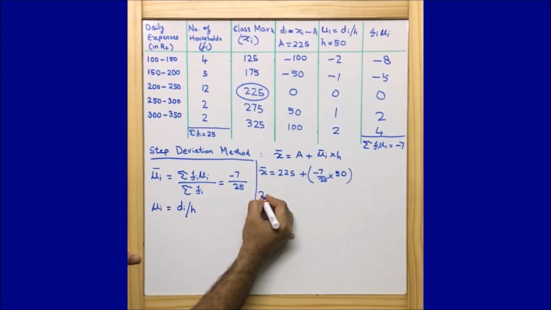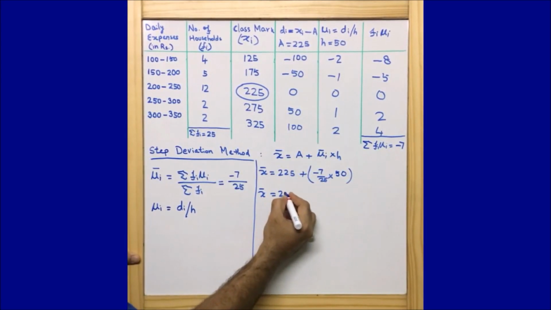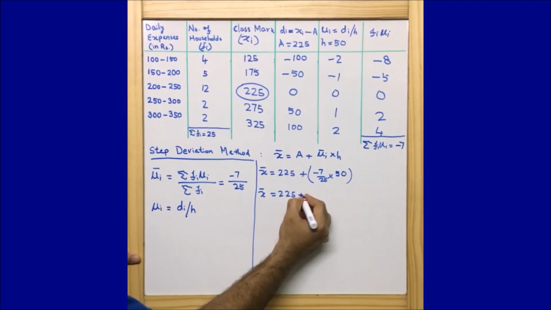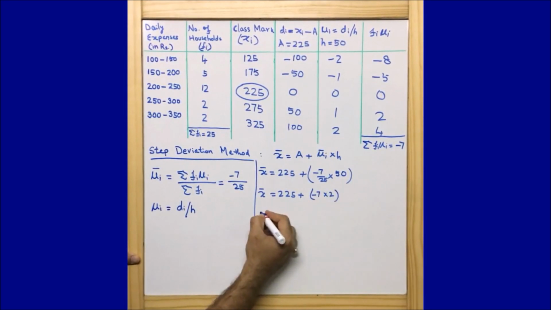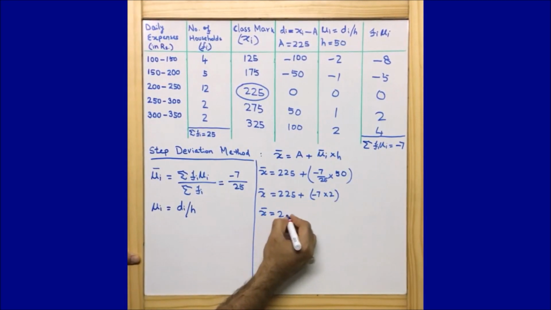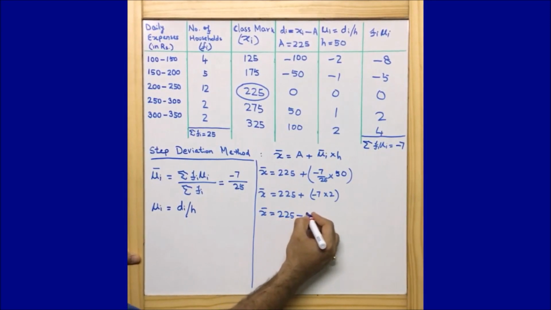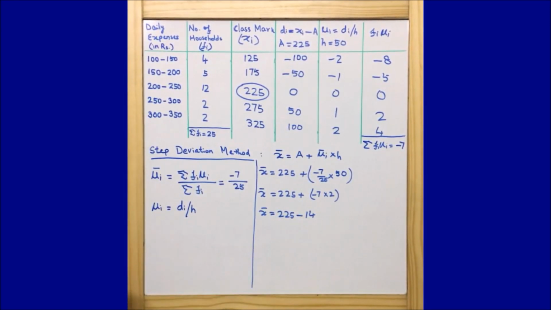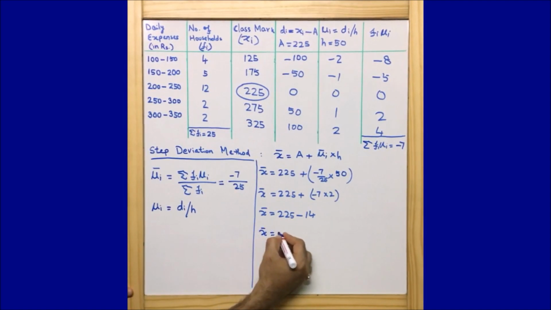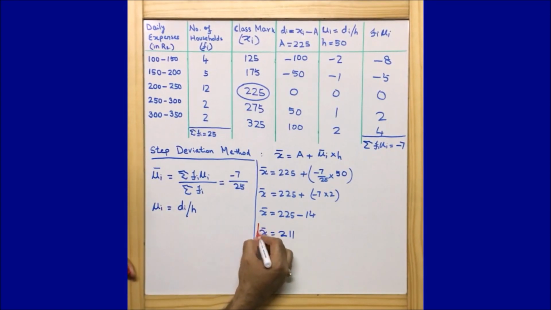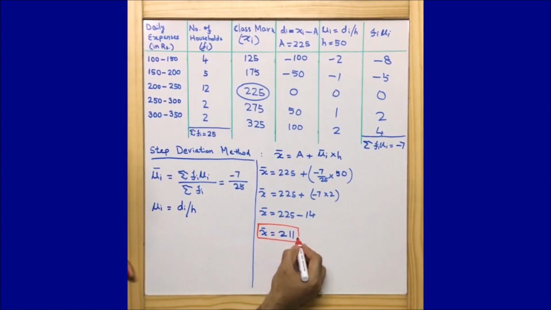Now I can write mean is equal to 225 plus, 25 twos are 50, so 7 into 2, that is mean is equal to 225 minus 14, or mean is equal to 211. So this is the mean value we got, 211.